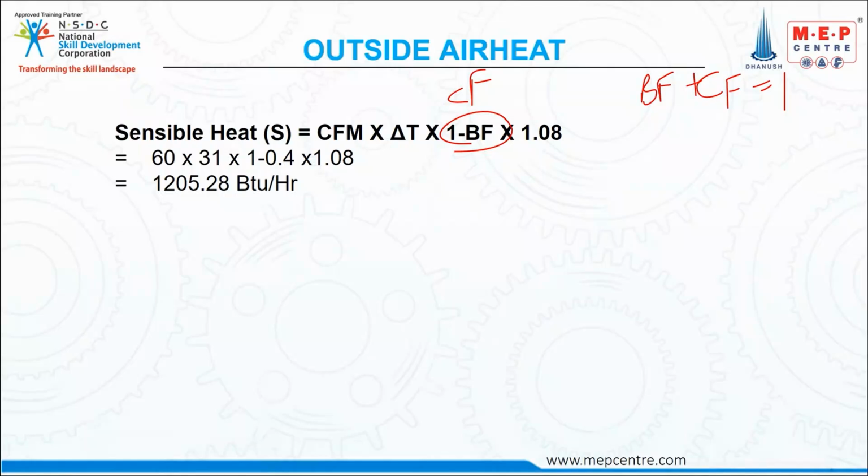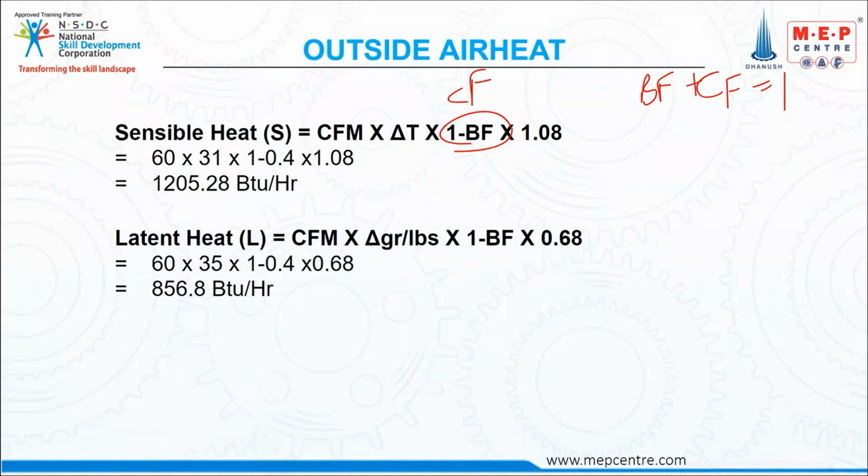So you will get 1205.28 BTU per hour. Next, latent heat, L equals CFM into delta grains per pound into 1 minus bypass factor into 0.68, which is 60 into 35 into 1 minus 0.4 into 0.68, which is 856.8 BTU per hour.